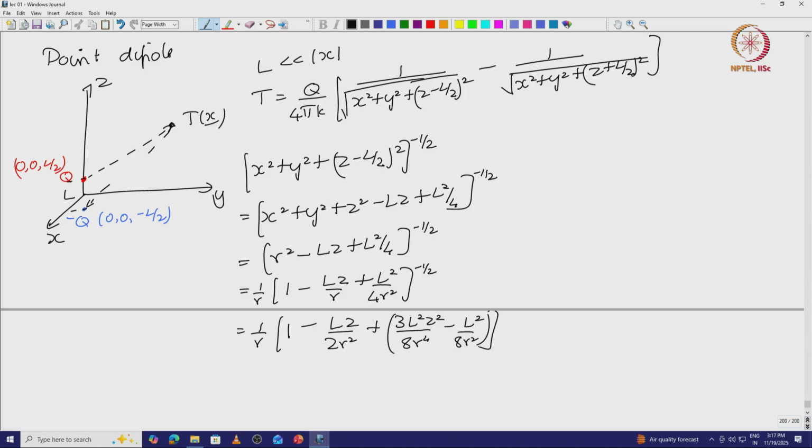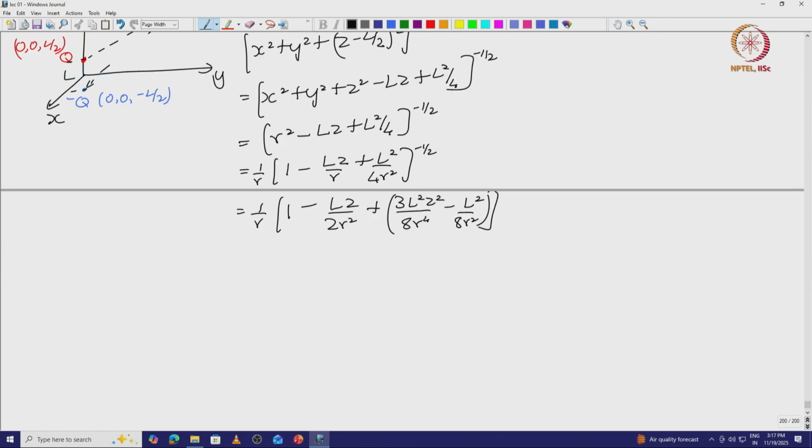So, this was what I had got for the binomial expansion of the distance, x square plus y square plus z minus L by 2 the whole square, to the minus half.